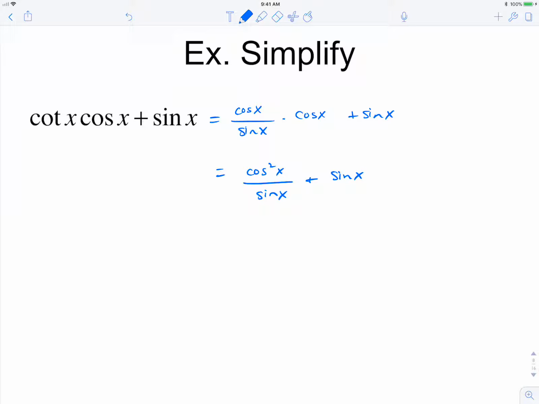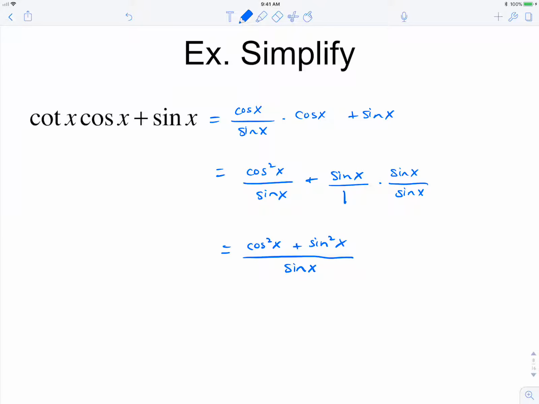Okay, and if we want to simplify this more and make this into one fraction, we can multiply here by sine over sine, so multiply by a version of 1, so that we have cosine squared plus sine squared over our common denominator of sine.